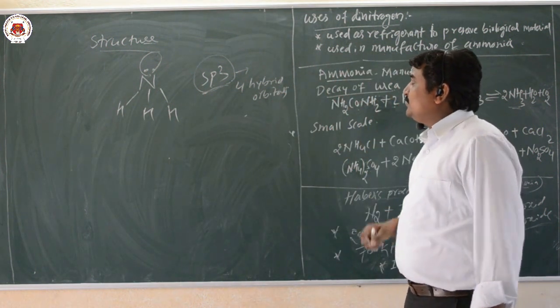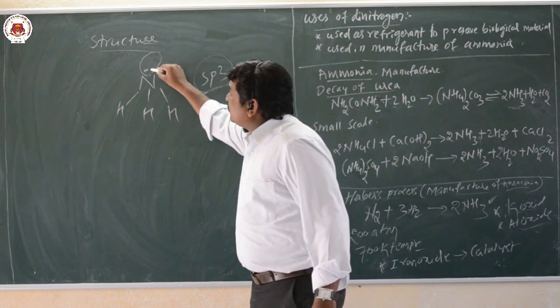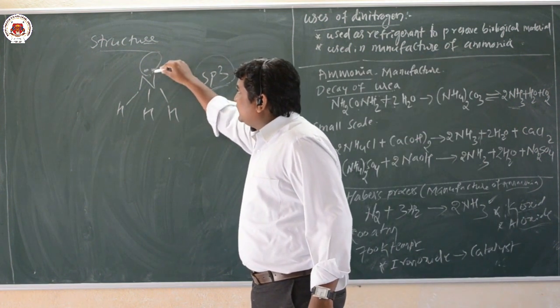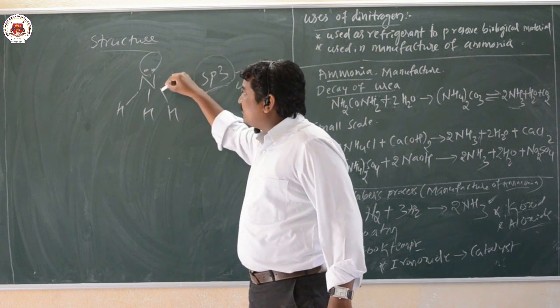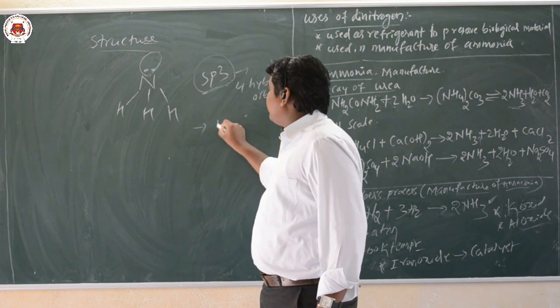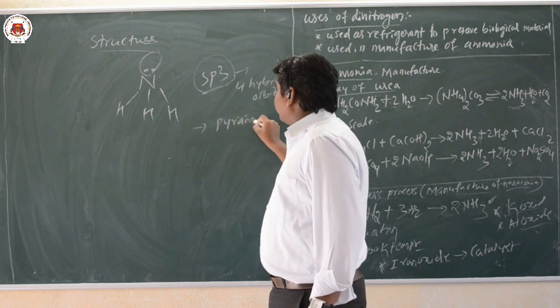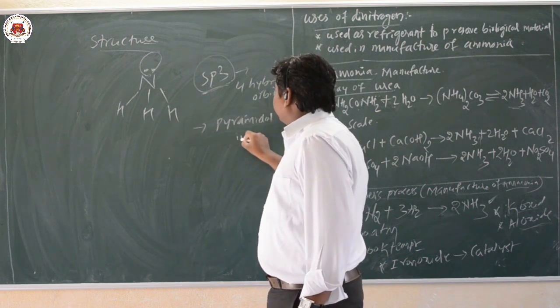But here, due to the presence of one lone pair of electrons on the nitrogen, there is a repulsion between lone pair and bond pair, hence the shape of ammonia is pyramidal. Okay.